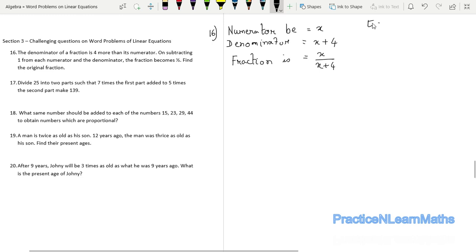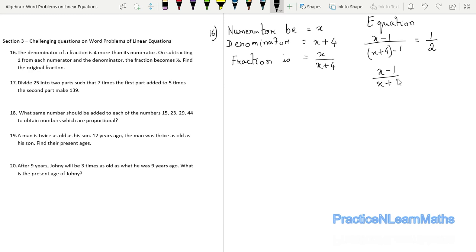The equation is given by x minus 1 over x plus 4 minus 1. Since 1 is subtracted from the numerator and denominator, it gives me half. So I get x minus 1 over x plus 3 is equal to half.